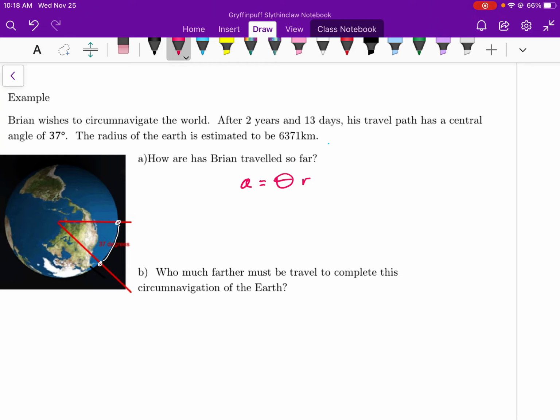It's the partial circumference of the Earth, where theta is an angle in radians, and r is my radius. Now, really important to note that my central angle is given in degrees. So therefore, this formula will not work. If I could somehow change degrees into radians, I would be in business.